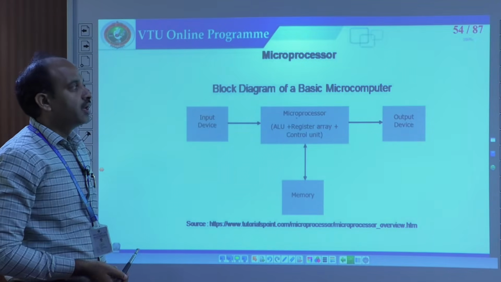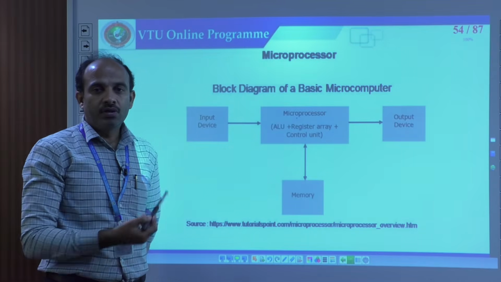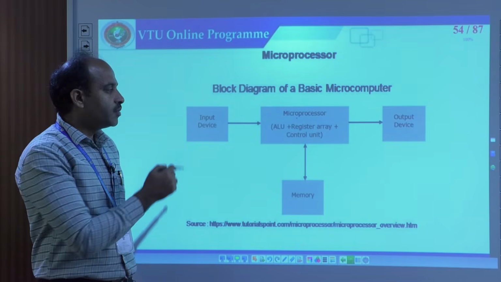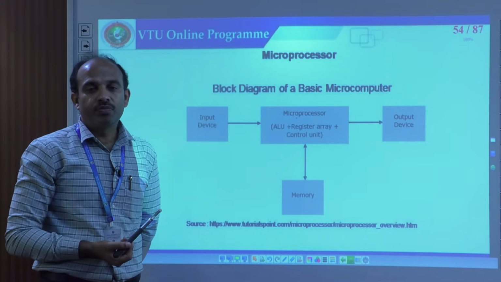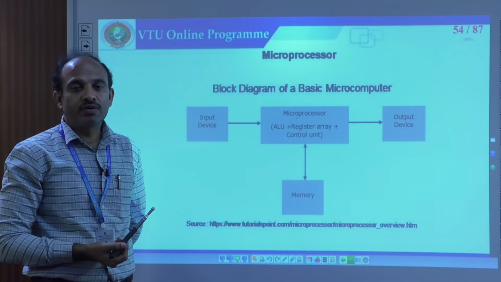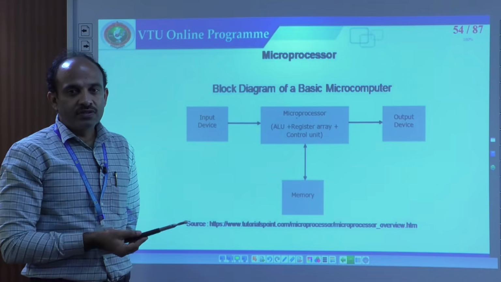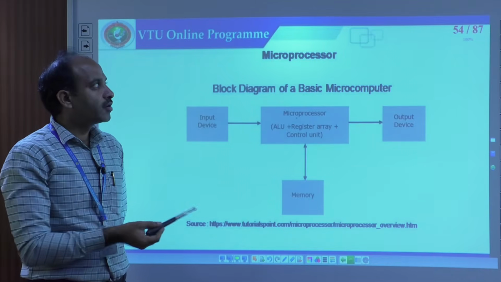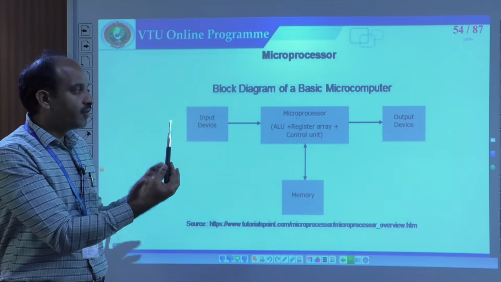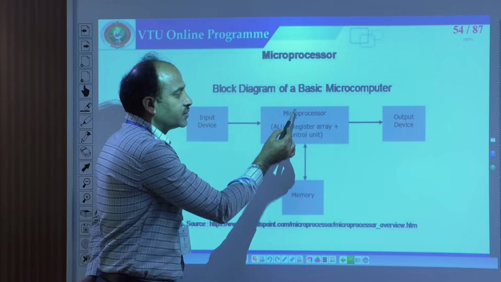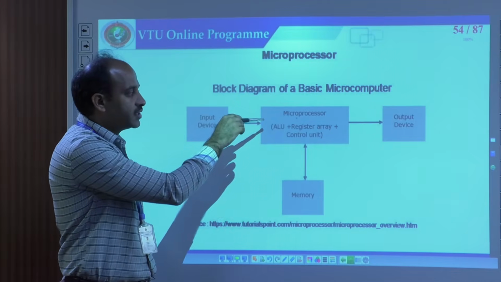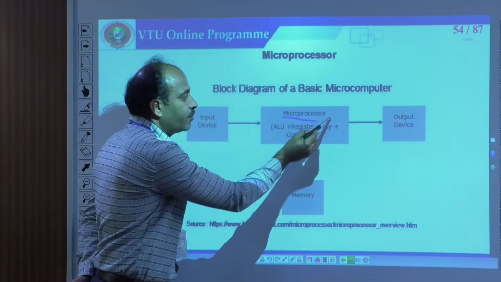This is the typical block diagram, which is almost similar to the basic components of the computer in the first concept we discussed. It is the same diagram, just here we are talking about the microprocessor. Instead of CPU, because CPU consists of all these things, now we are talking about only the microprocessor.